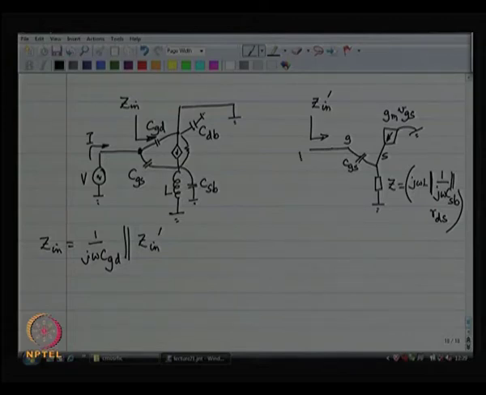So, I have applied V over here, and then you have to work out a Kirchhoff's node equation.